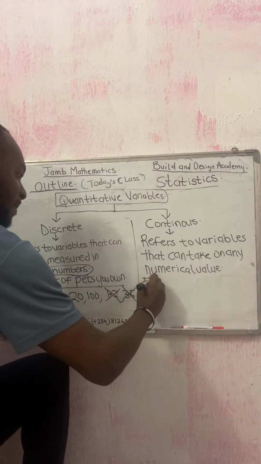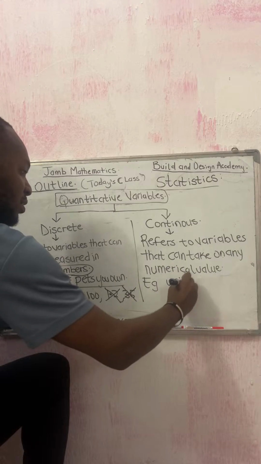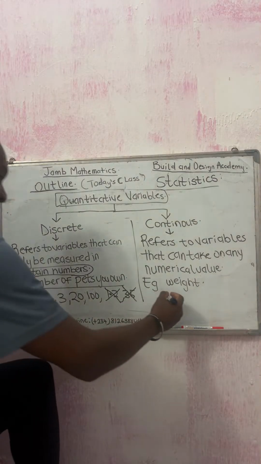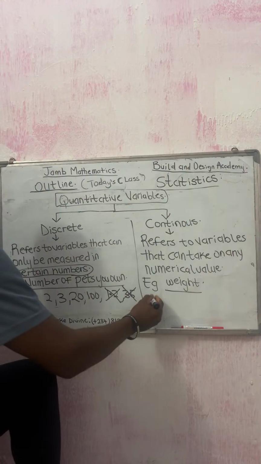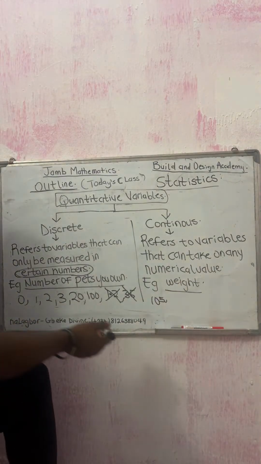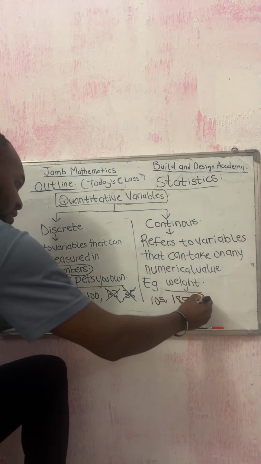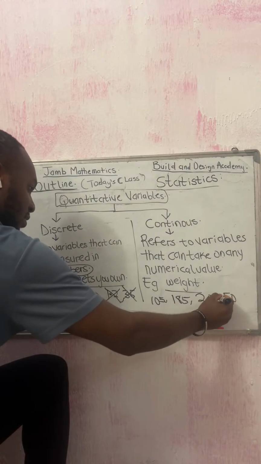For example, the weight of an object. You can say the weight is 105 kilograms or pounds, or 185, or 201.50.